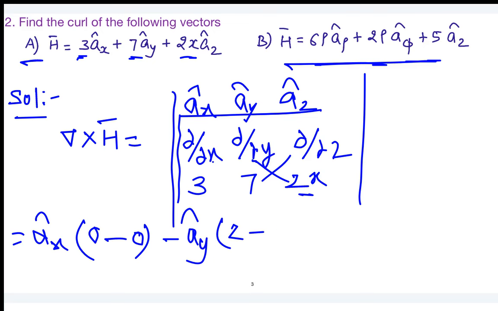As the last one, you try to find the curl for the second vector and tell me the answer. Then we can conclude the session. Take the second vector, 6 rho a rho cap plus 2 rho a phi cap plus 5 az cap. Try to find the curl for that vector.